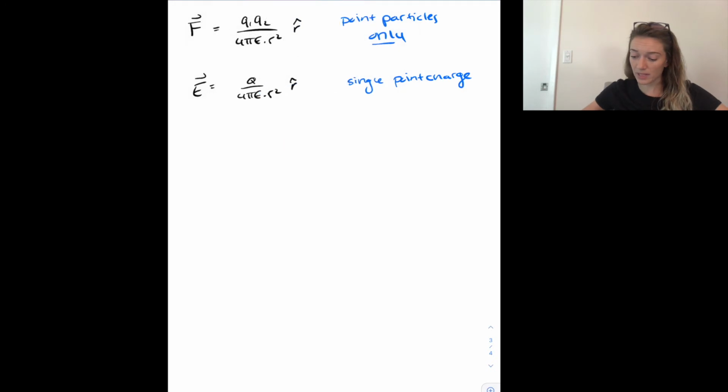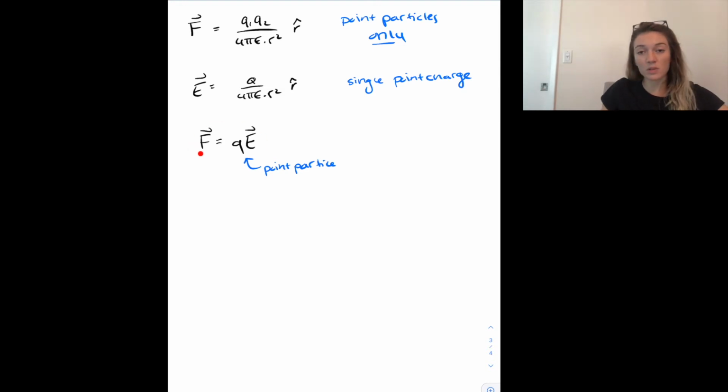Now we also have a related equation. We have F equals q times E. Now this equation is always true. The other two equations were true in specific situations, if we have two point particles. This equation is true for any electric field where this q is a point particle.